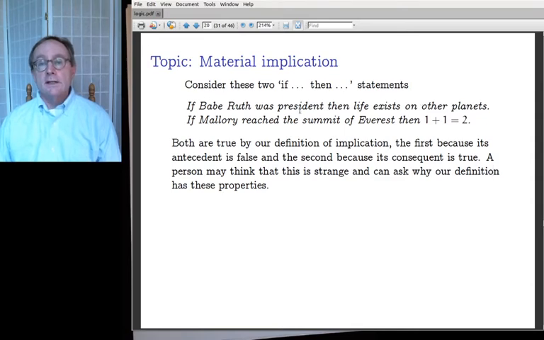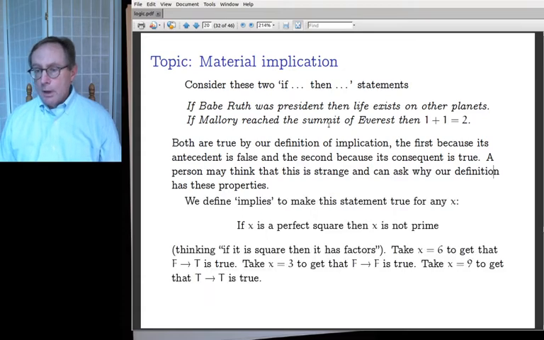As long as the antecedent is F, the statement as a whole evaluates to true. Here, it's in some sense the mirror of that. As long as the consequent is T, the entire implication evaluates to true. So both of these sentences would evaluate to true in our definition of implication. A person can think that this is strange and maybe not exactly how everyday language works, although mathematics isn't exactly everyday language. But you can ask, if you're focused on mathematical language, why are you doing this particular thing?